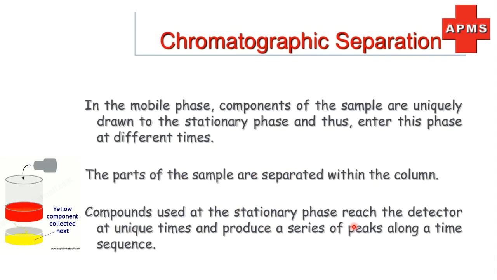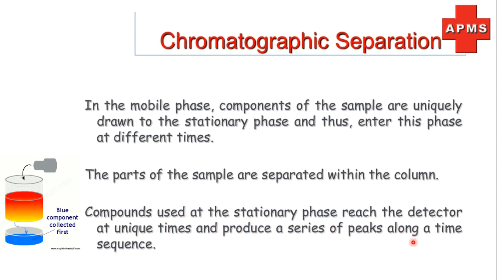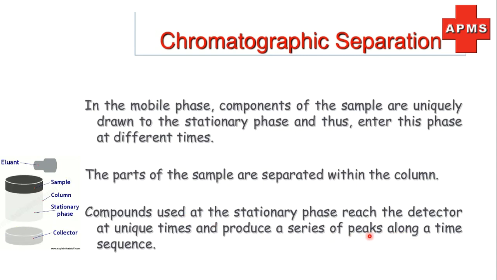Compounds interacting with the stationary phase reach the detector at unique times and produce a series of peaks along a time sequence. One by one, according to their retention times, the different components reach the detector and give their different peaks. Suppose there are 5 components, then we may get 5 peaks at different time intervals.